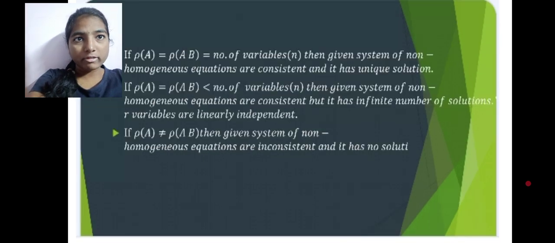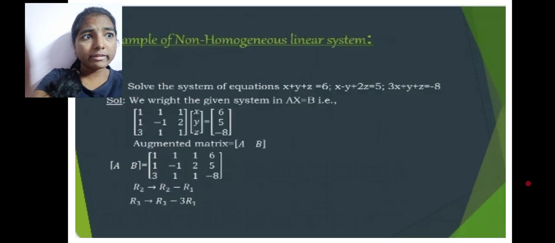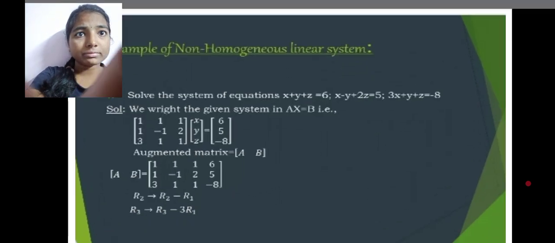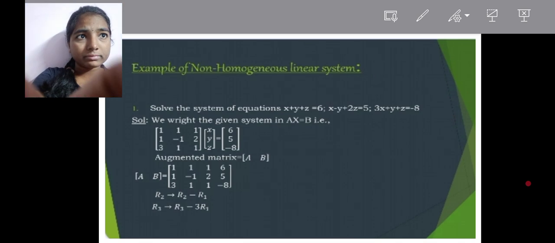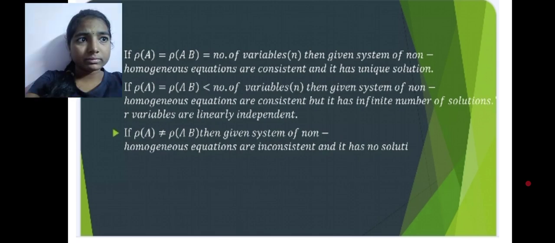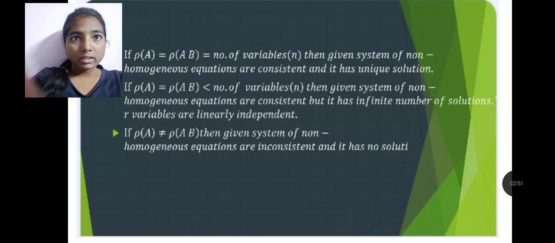What are the conditions of a non-homogeneous system? If rank of A is equal to rank of [A|B] is equal to the number of variables, then the given system of non-homogeneous equations is consistent and it has a unique solution. If rank of A is equal to rank of [A|B] and is less than the number of variables, then the given system is consistent, but it has an infinite number of solutions.